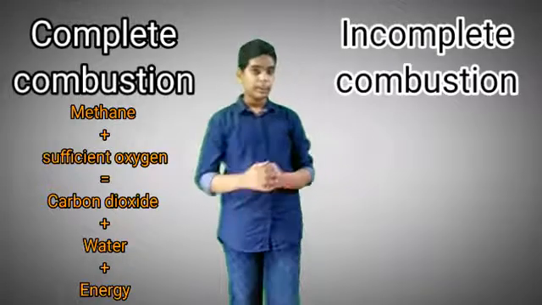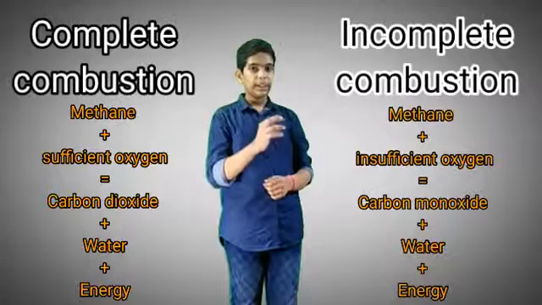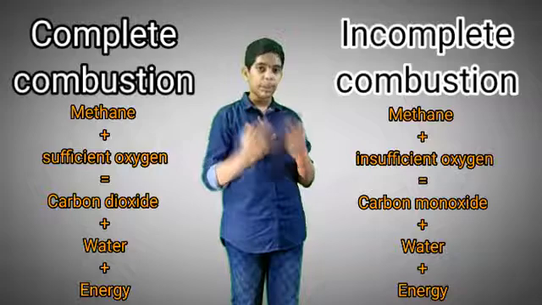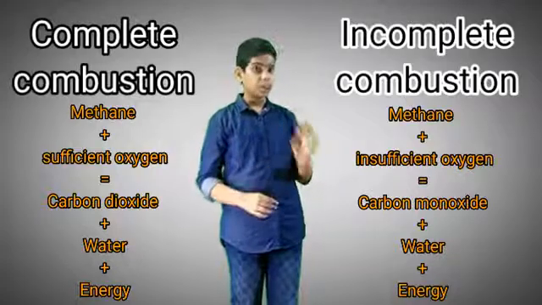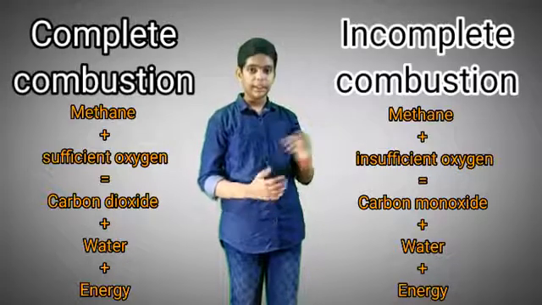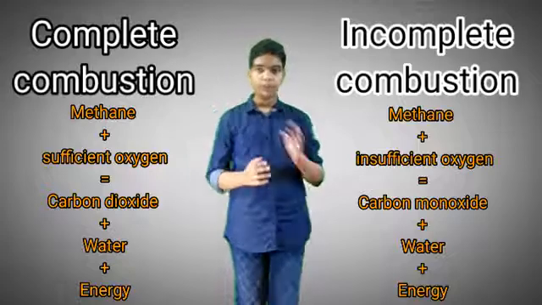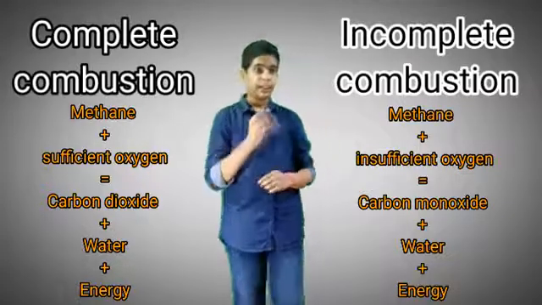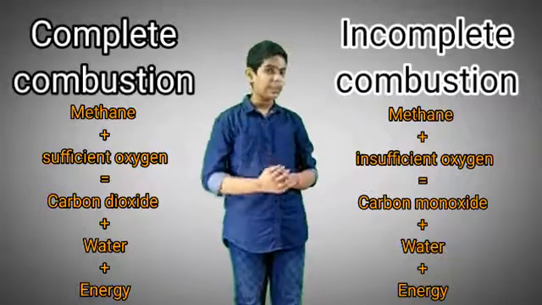In incomplete combustion, methane reacts with insufficient oxygen to produce carbon monoxide, water and energy. Now can you make out the difference? In complete combustion there is carbon dioxide as the byproduct, and in incomplete combustion there is carbon monoxide.